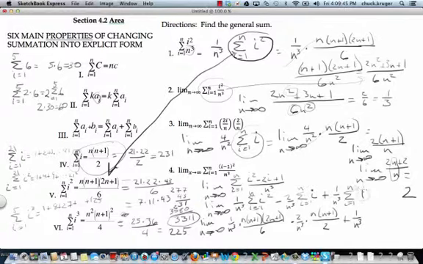Now, since this is a constant, it's the product of those two, so it's going to be 1n.